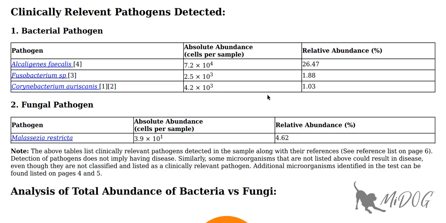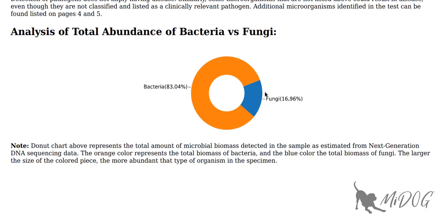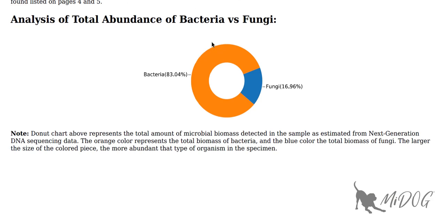The relative abundance is the percentage of the specific species in the bacterial community of the sample. So here we see 26.4% of Alcaligenes faecalis, which means that 26.4% of the bacterial load in the sample contains Alcaligenes.